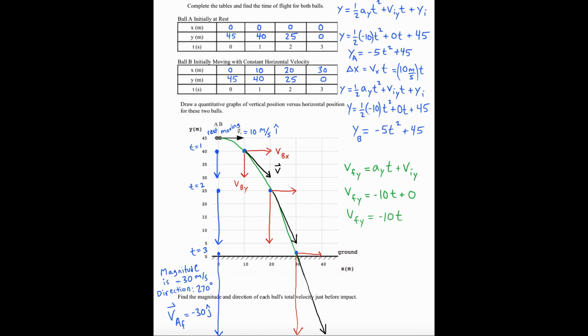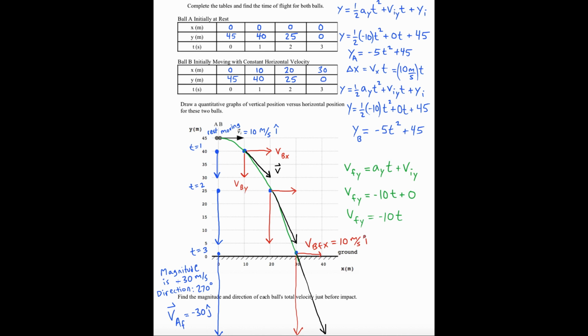Now calculating the magnitude of ball B's velocity is a little bit tougher. First, we're going to want to identify its components. So VB final in the x dimension is going to be the same as VBX was initially.